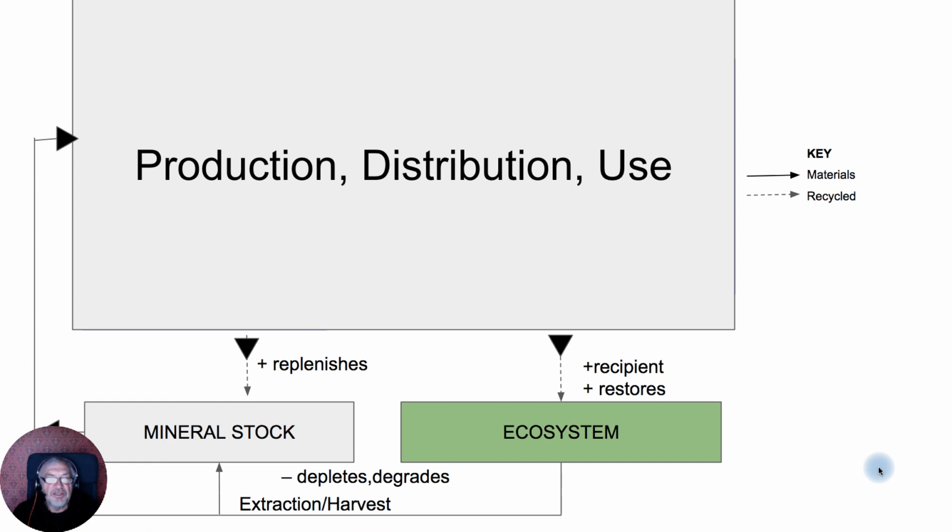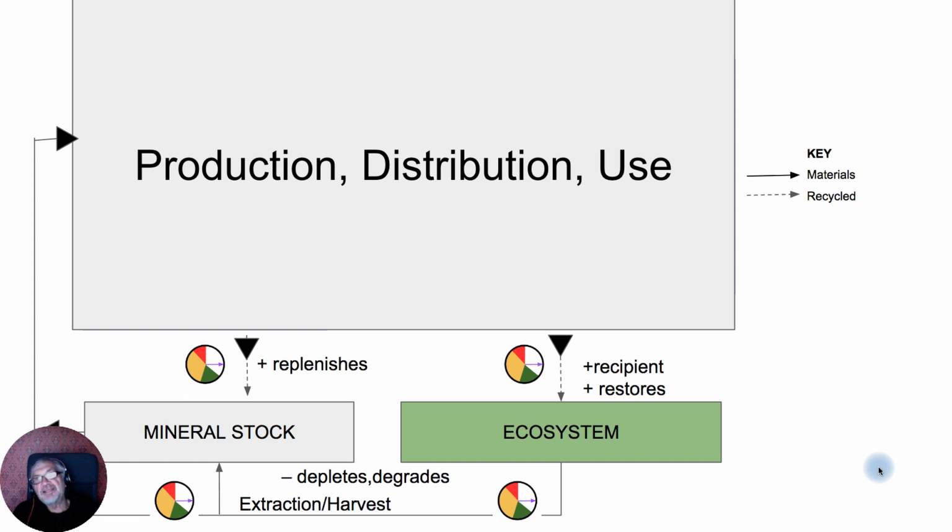Now, you can start to see that you can add the parameters here: the rate and volumes of harvesting from the ecosystem, the rate and volumes of extraction from the mineral reserves, how much is going to the recipient, how much is being restored, and how much is being replenished.